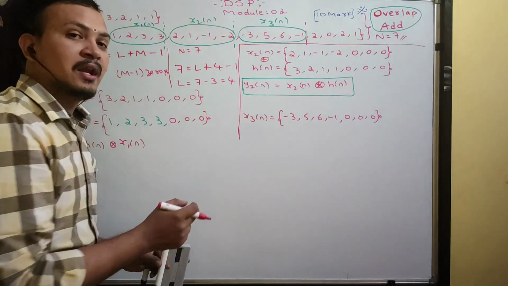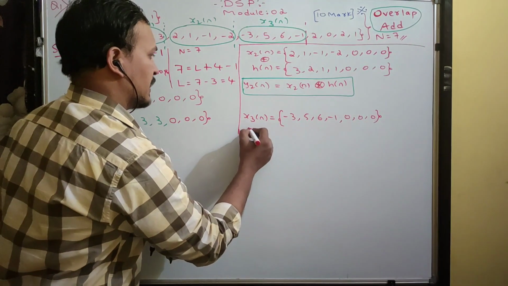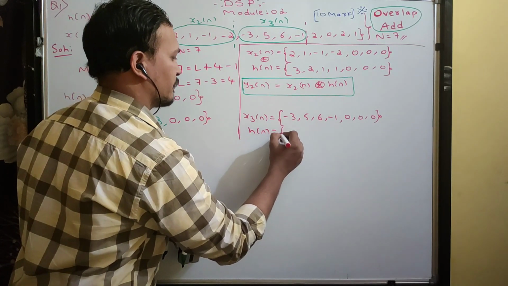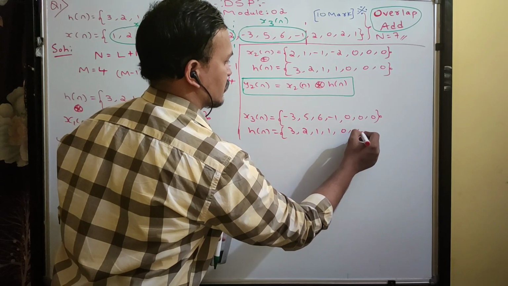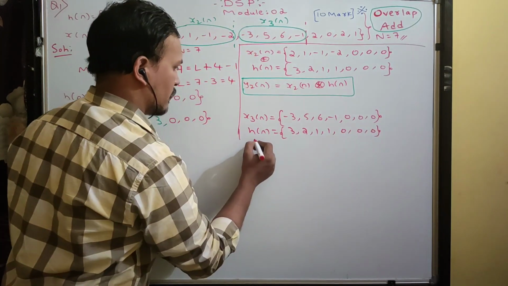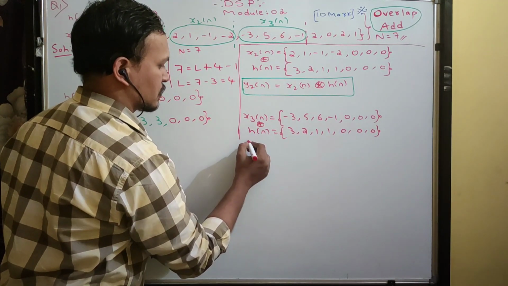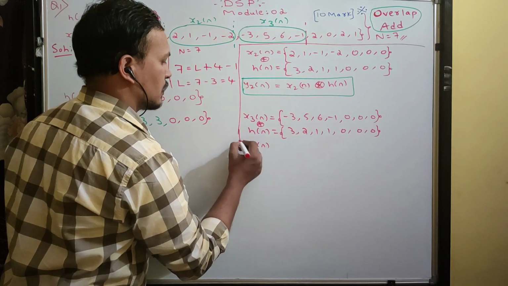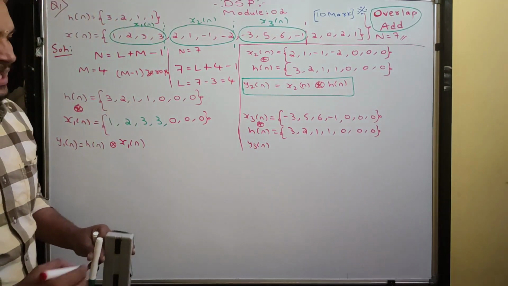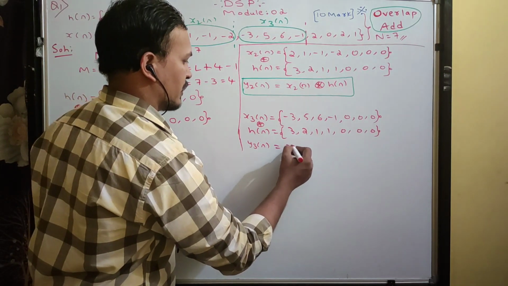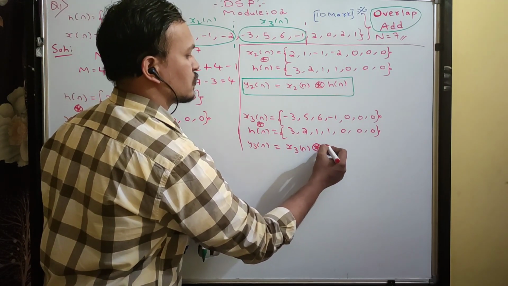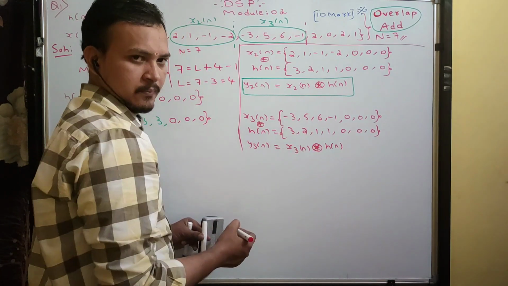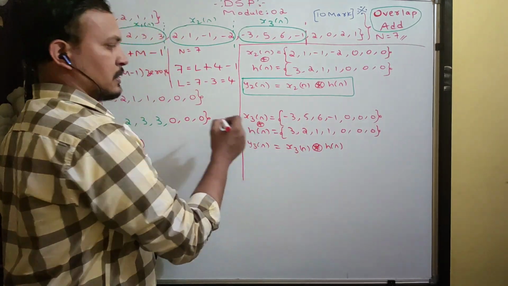This is your new input. Then again h of n is the same. What is h of n? 3, 2, 1, 0, 0. Now you should do circular convolution of this. That gives a new output, y3 of n. What is y3 of n? x3 of n circular convolution h of n.